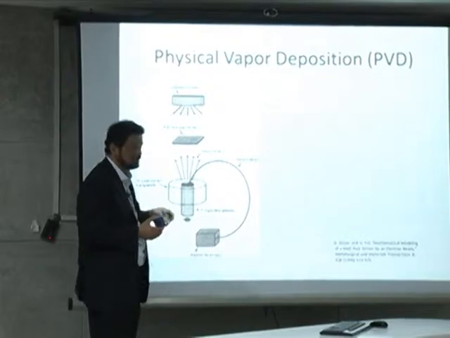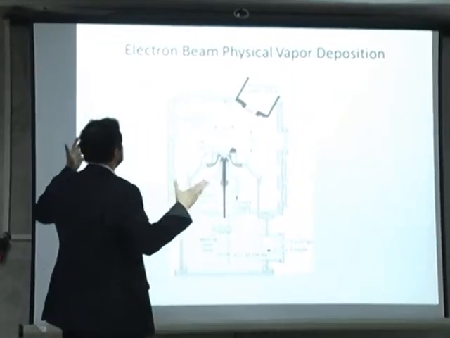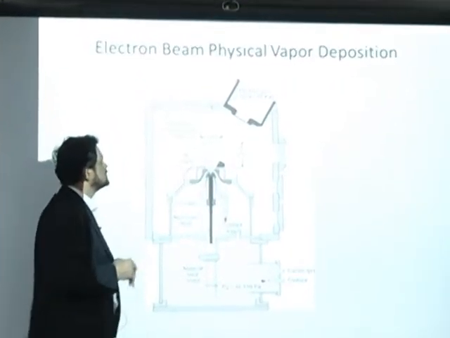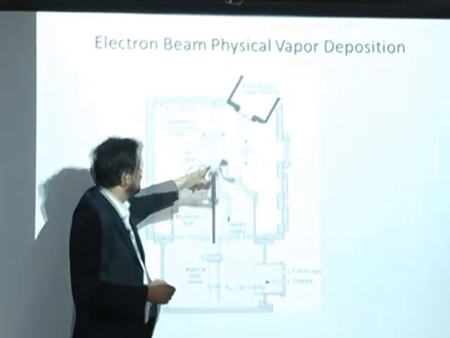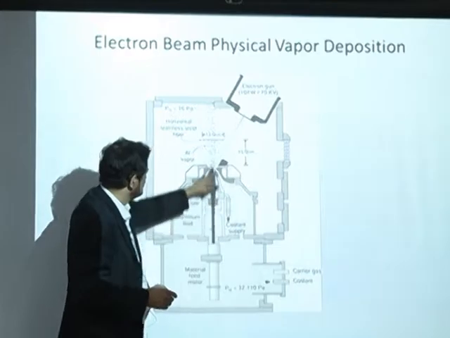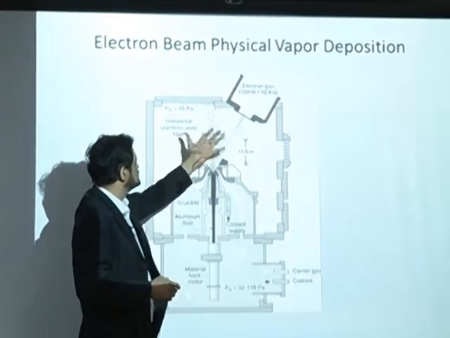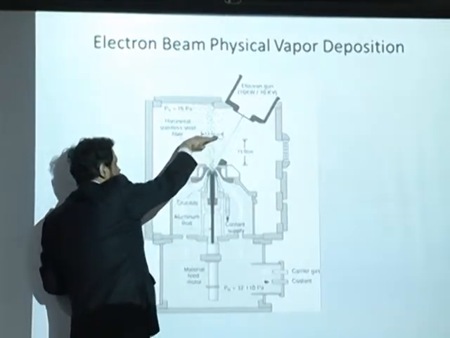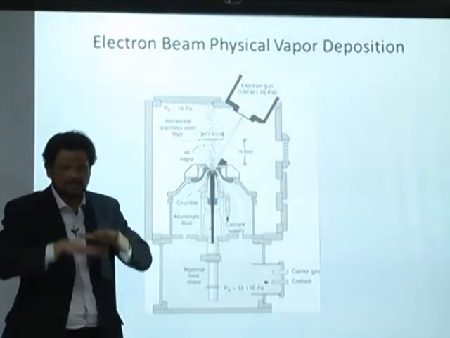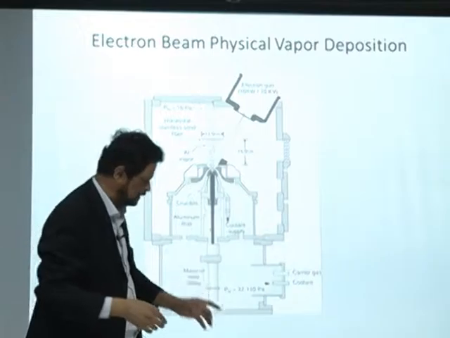In reality, this is what a typical electron beam physical vapor deposition process looks like. This is the electron gun, and there's a rod, and it evaporates the material, in a vacuum chamber, and it deposits on something there. That's the way it is typically done.